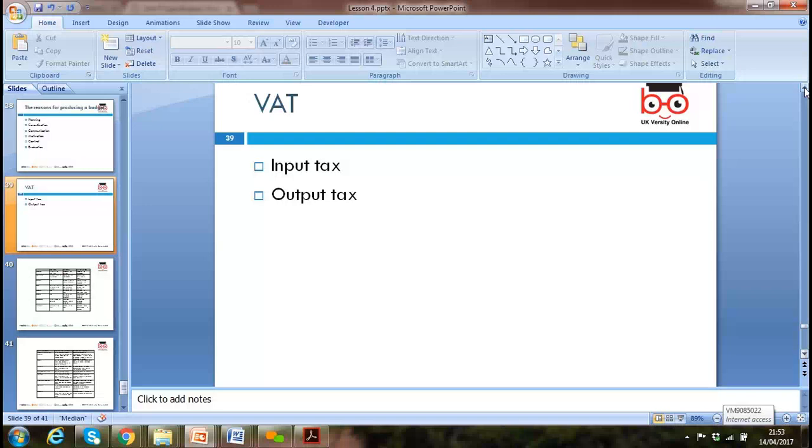Input tax we pay as a company, output tax we charge to the customer. The difference between them we pay to HMRC. So what is input tax and output tax? What is the rate in the UK? The rate in the UK for businesses is 20% VAT.